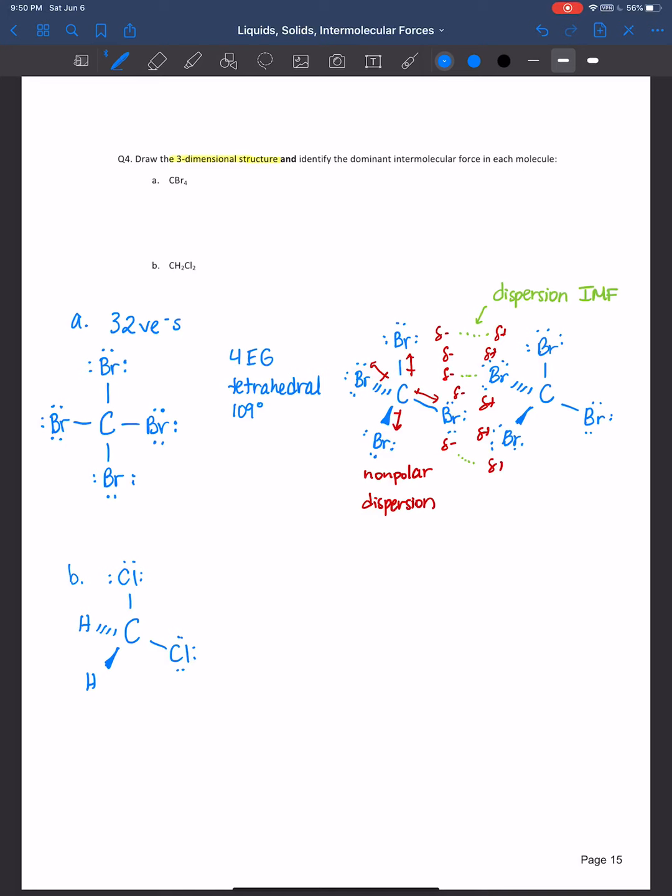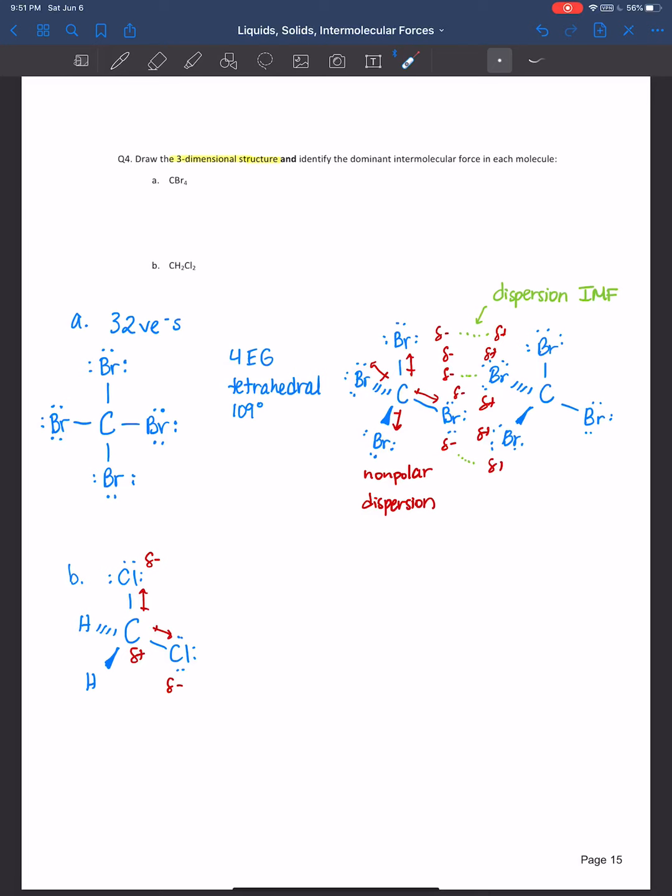And if we look at this here, the carbon-chlorine bond is polar covalent. The chlorine is more electronegative than the carbon atom. Now remember, carbon-hydrogen bonds are nonpolar, and so these hydrogens do not have a partial positive charge.